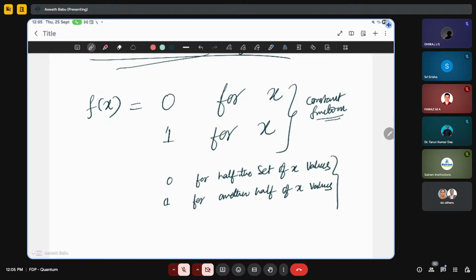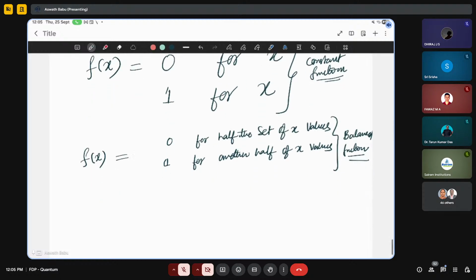So this is called a balanced function. On the above, if the function starts with 0 value, it remains 0, or starts with 1 value, it remains 1. In the bottom, for half the values, it gives you 0, and for the other half values, it gives you 1.